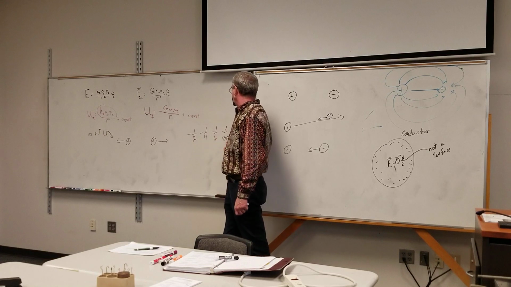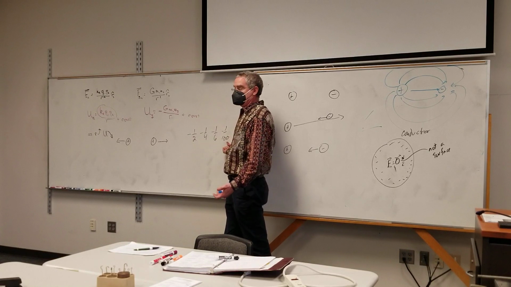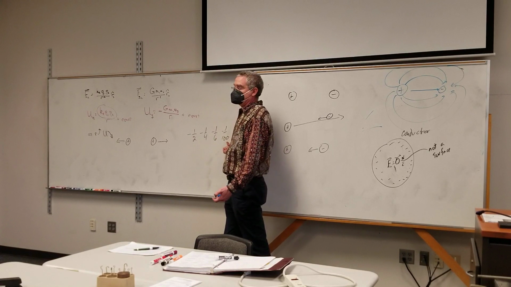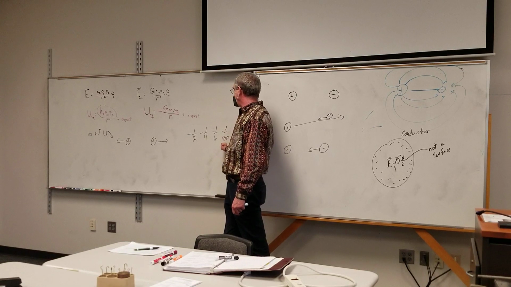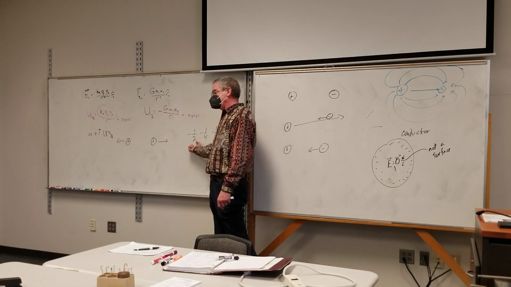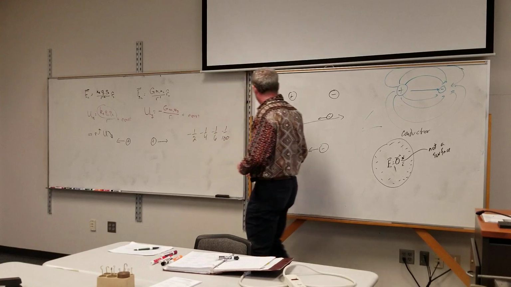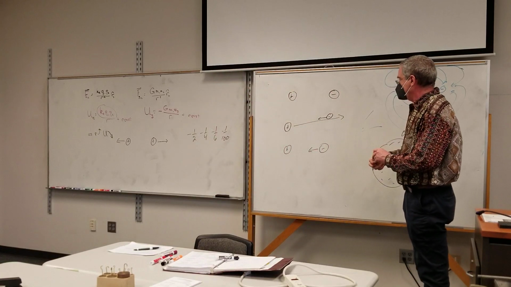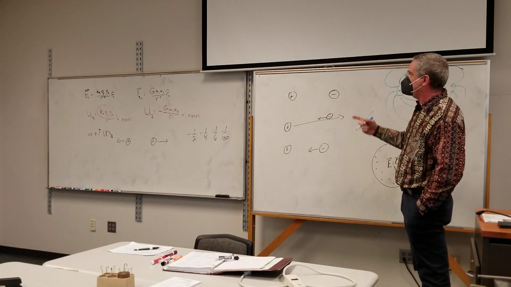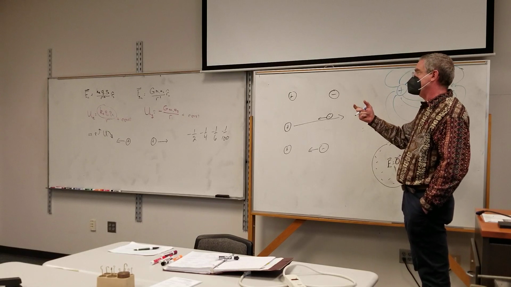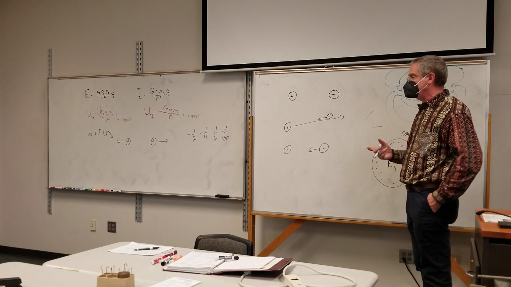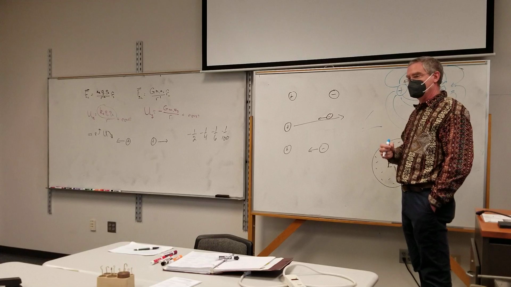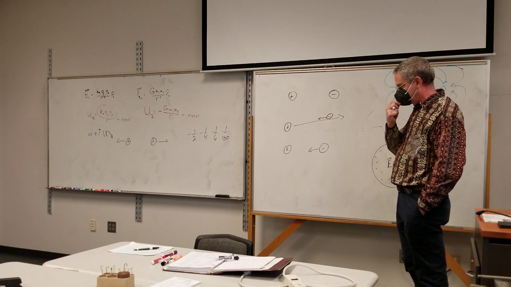As R gets bigger, I get a larger fraction. That was said correctly. Negative 0.01 is bigger than negative 0.5. So in the case of opposite charges, we've got a negative numerator or a negative fraction, and so we need R to get smaller in order for potential energy to get smaller.